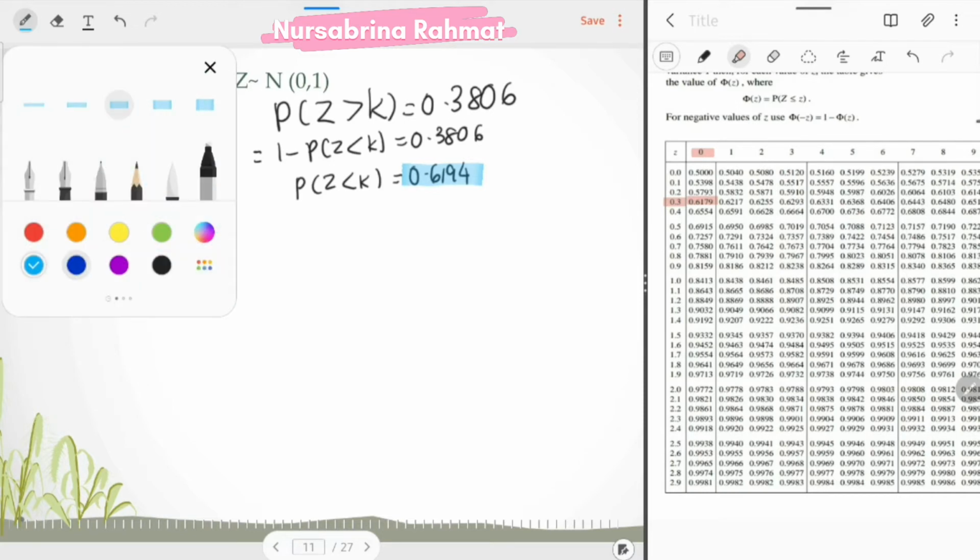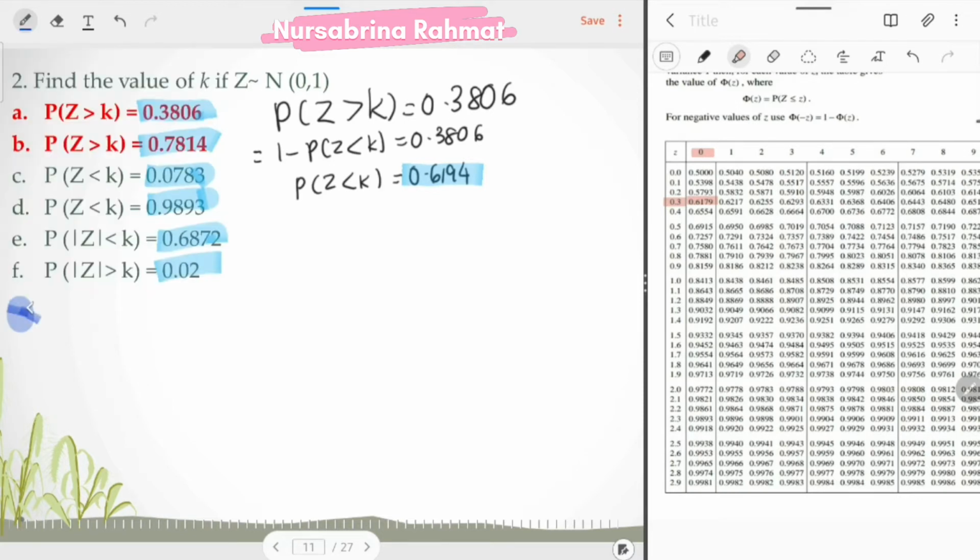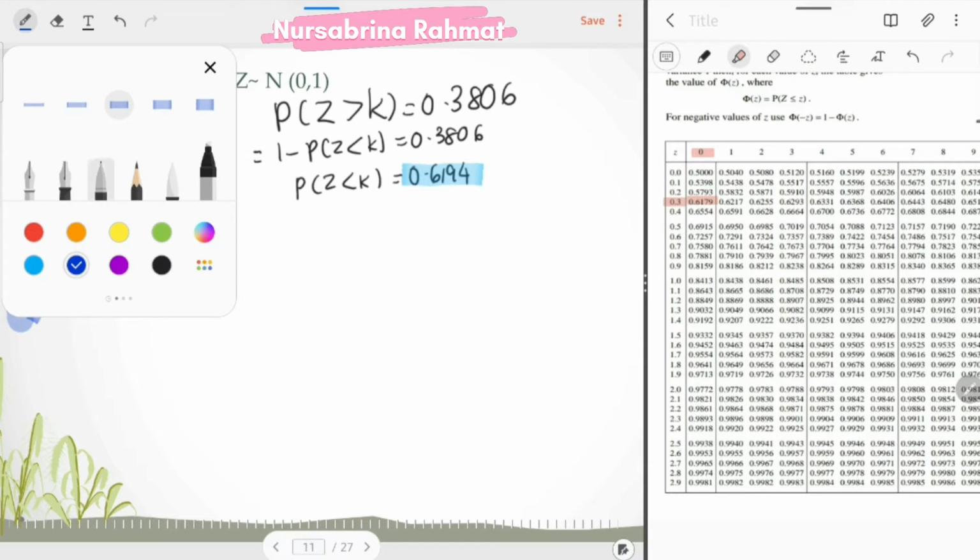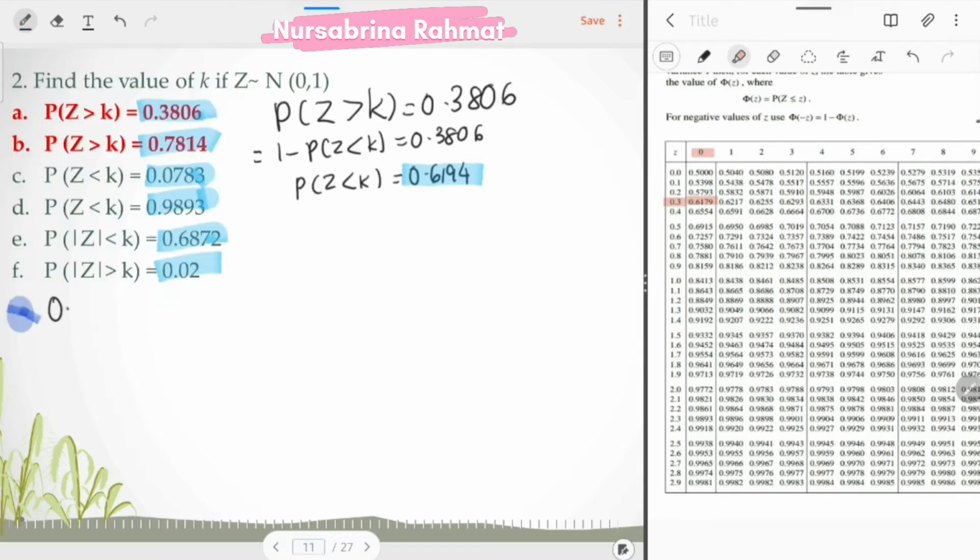Okay, so let's calculate. 0.6194 minus 0.6179 equals 1.5 times 10 to the power of negative 3. I convert it to 10 to the power of negative 4, which is 15 times 10 to the power of negative 4.